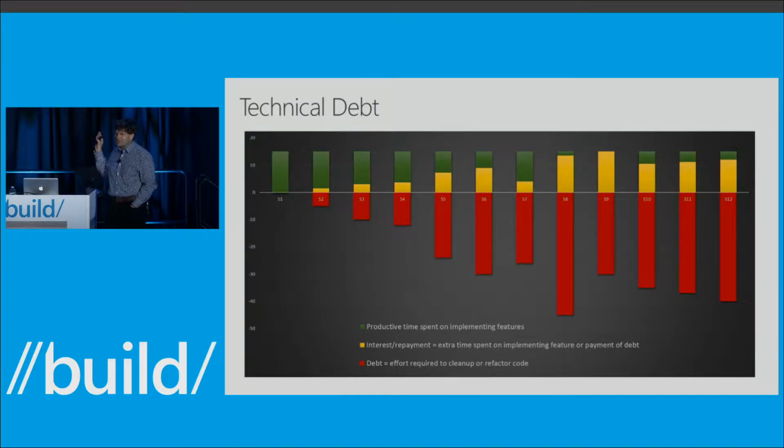So the interest, the analogy is the yellow is either paying back the principal or paying back the interest, until it gets to a point in sprint 9 where the only thing they do is pay back the principal because there's so much debt in there that they can't make any further progress. Okay. So the problem is how do we deal with that? Can we provide any tools, services, and so on that can help deal with that problem and help development teams get a lid on that problem?